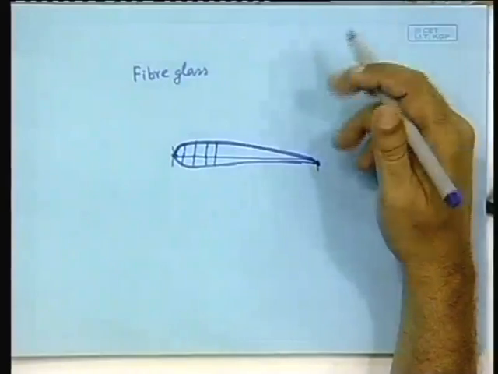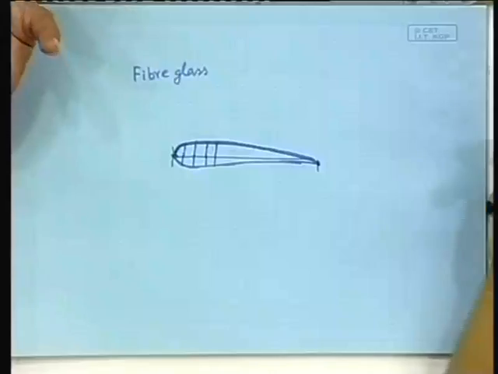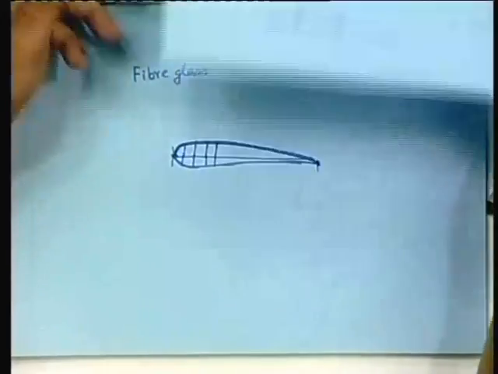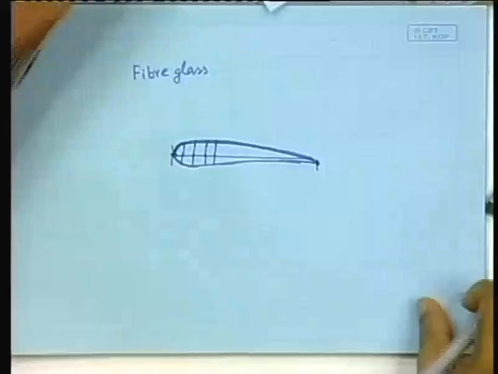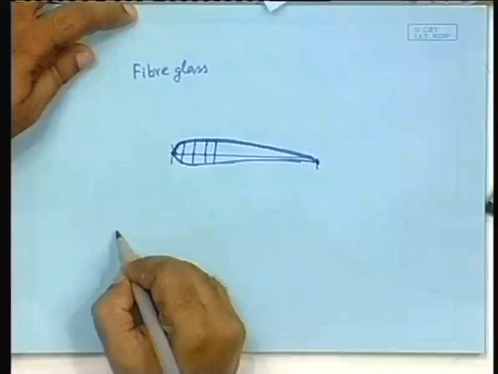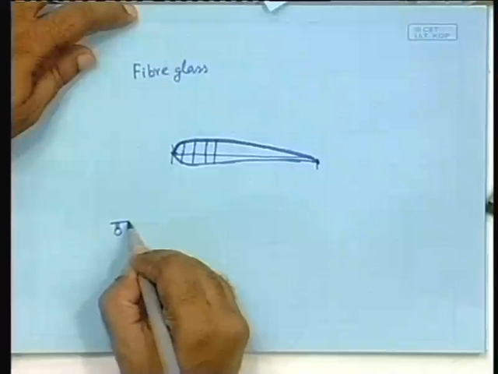Obviously, since the chord length appears in the equation for the lift force produced, you have seen that lift force has the DAB term, which is essentially dependent on the chord length. The chord length plays a role in the design, but obviously, let me draw separately. Suppose you have got a wind turbine, something like this.